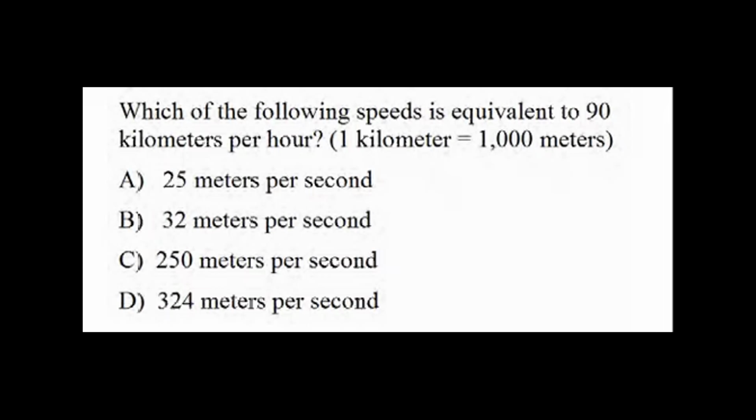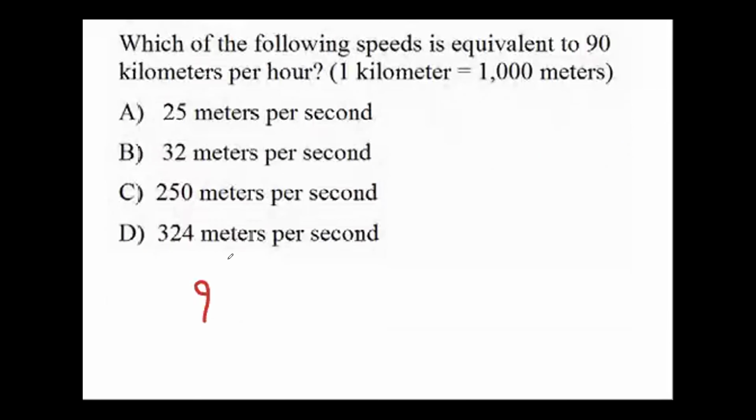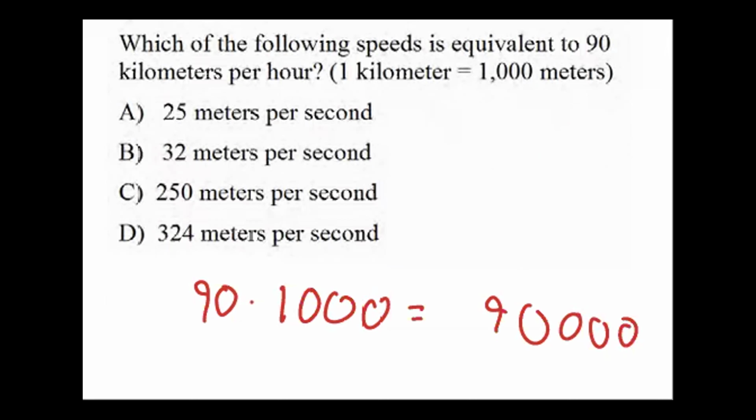Okay, so for this question, which of the following speeds is equivalent to 90 kilometers an hour, we just have to take 90 km multiplied by the conversion ratio, which is times 1000. That gives us 90,000. Then we have to divide this value by 60 to get into minutes.